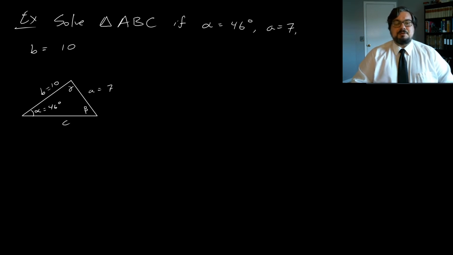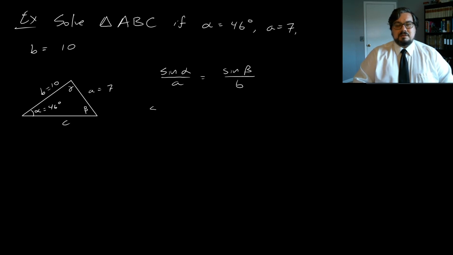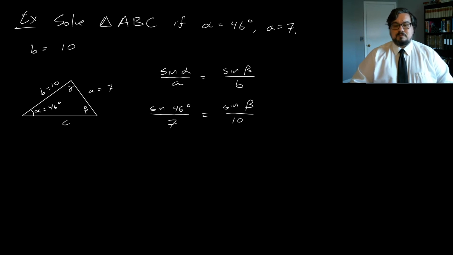So what we can do is figure out what's going on with b and beta. We have that sine of alpha over a is equal to sine of beta over b. So sine of 46 degrees over 7 is equal to sine of beta, which we don't know, over 10. At this point, we want to solve for beta.